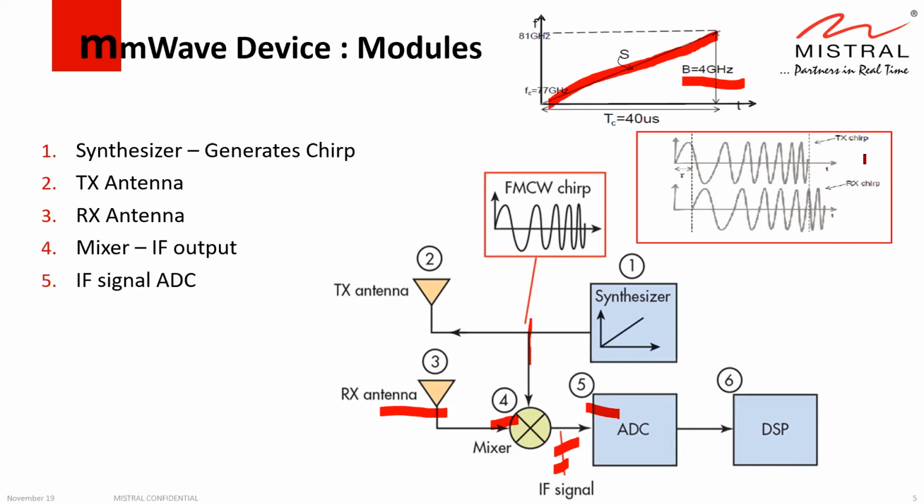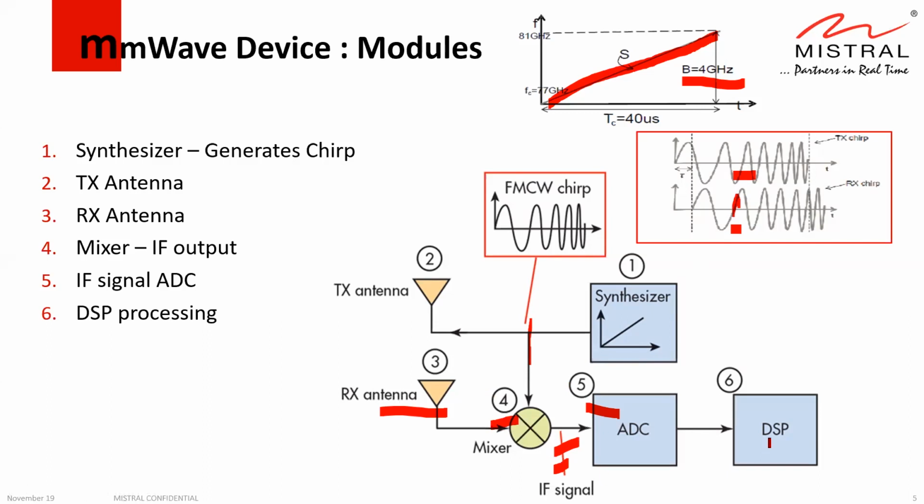If you look at the TX chirp, the transmit chirp, and the receive chirp, you can see the phase variations. The phase variation is the delay of the chirp between the source and the objects. That delay makes the phase difference, and this phase difference in turn generates the IF signal.